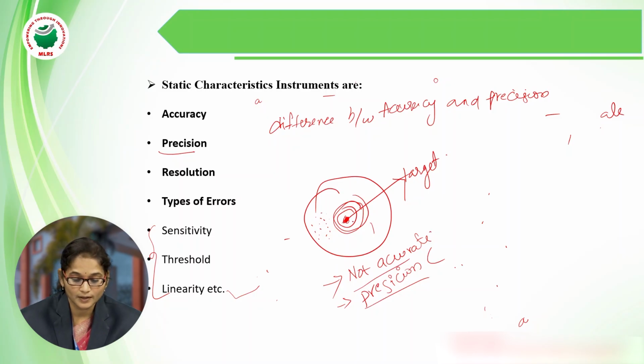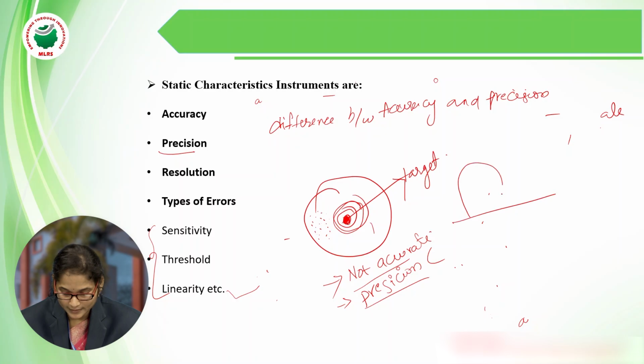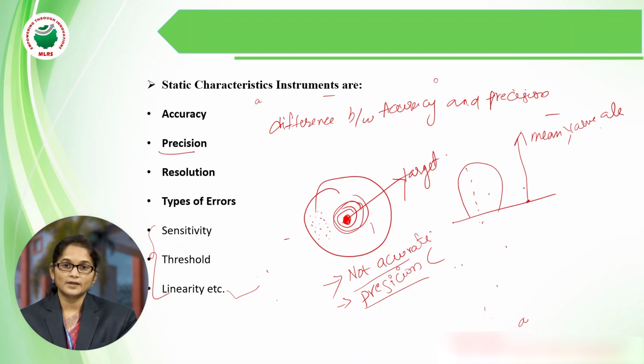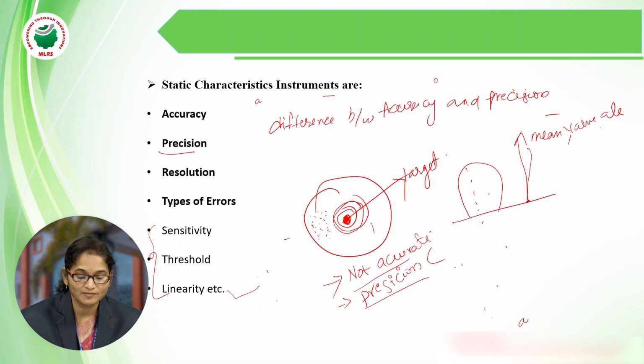Here is the mean value, far from the true value. All the measurements are close to each other but far from the mean value.